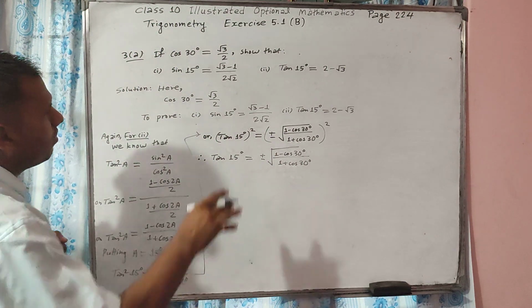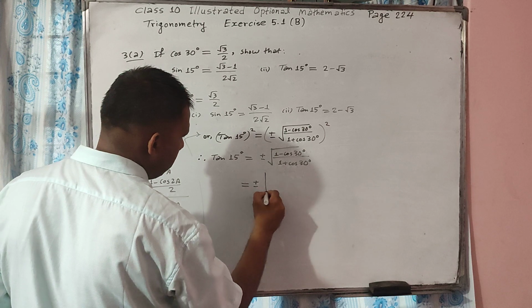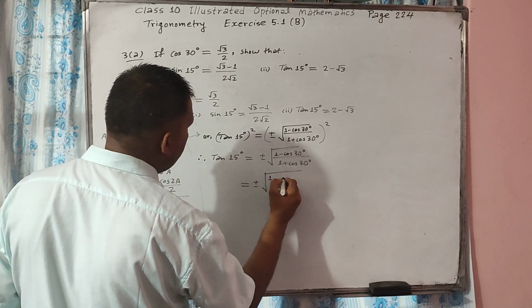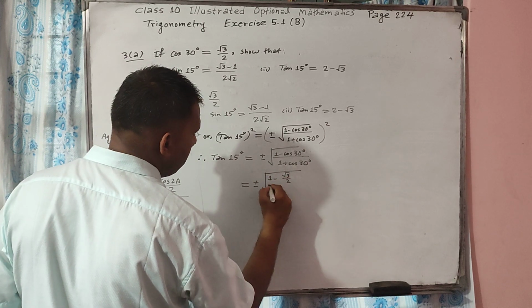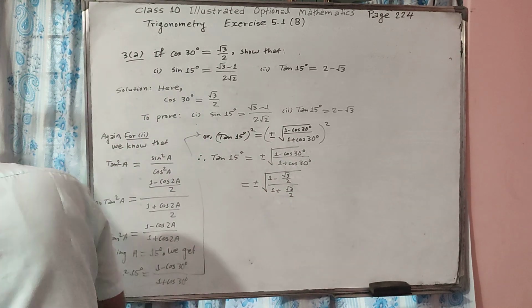Now we have the value of cos 30 as root 3 by 2. So putting the value, equal to plus minus square root of 1 minus root 3 by 2 whole upon 1 plus root 3 by 2.